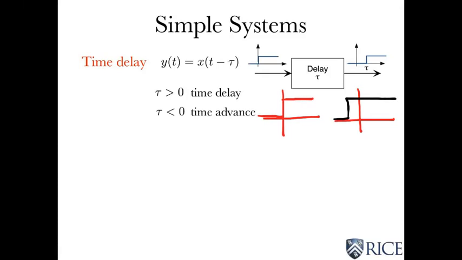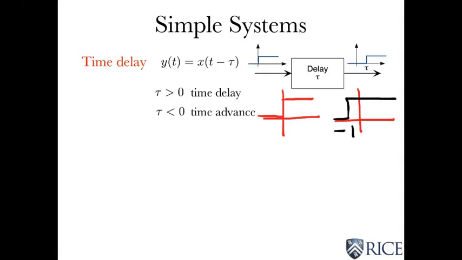So if this is, for example, at -1, this output at time -1 is going to have to occur before it occurs at the input. So somehow the system would have to know the future value, the future behavior of the input signal. You know, that's a little weird. And so time advances are great mathematical things, but building them is more than just a little complicated.